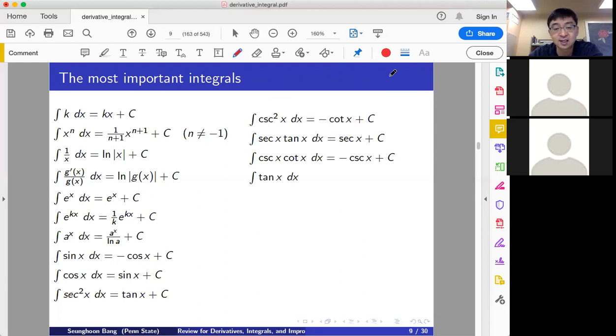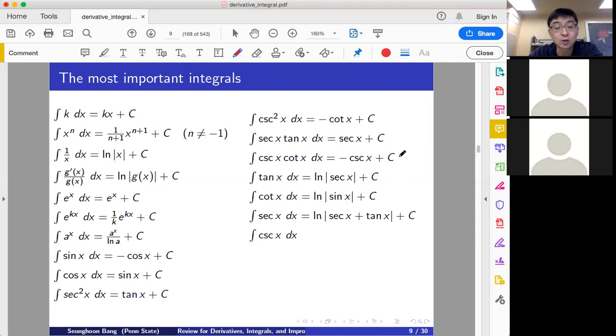The integral of tan x is ln of absolute value of secant x plus c. The integral of cotangent x dx, this one you don't need. The integral of secant x dx, you need to memorize: ln of absolute value of secant x plus tan x plus c. The integral of cosecant x is similar, but you don't need it.